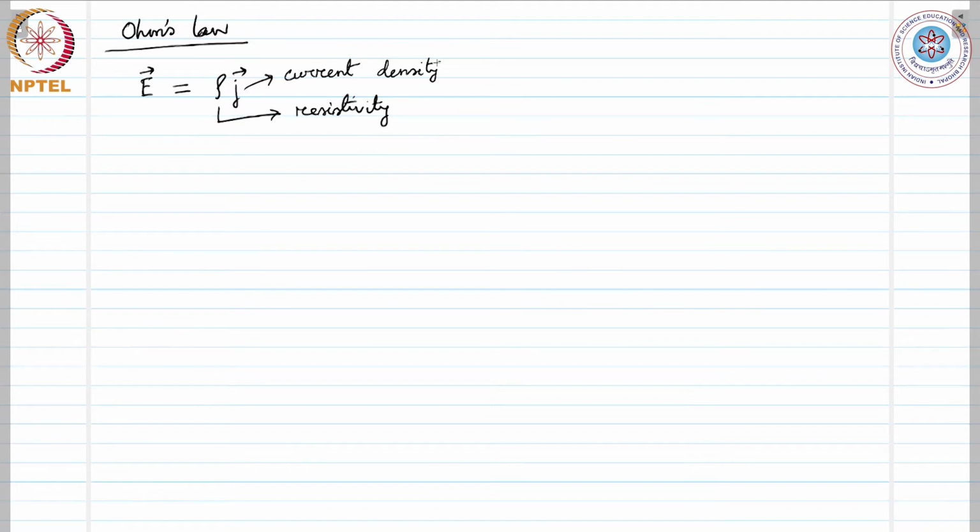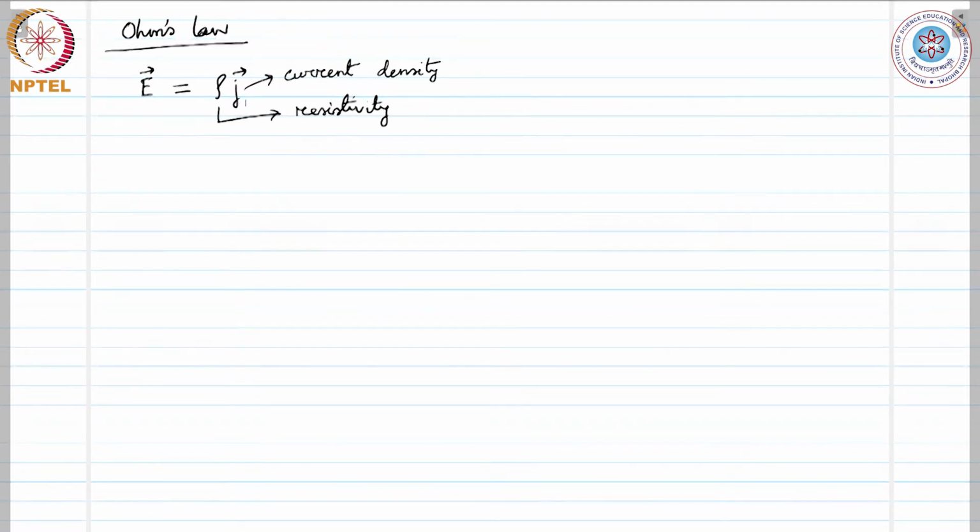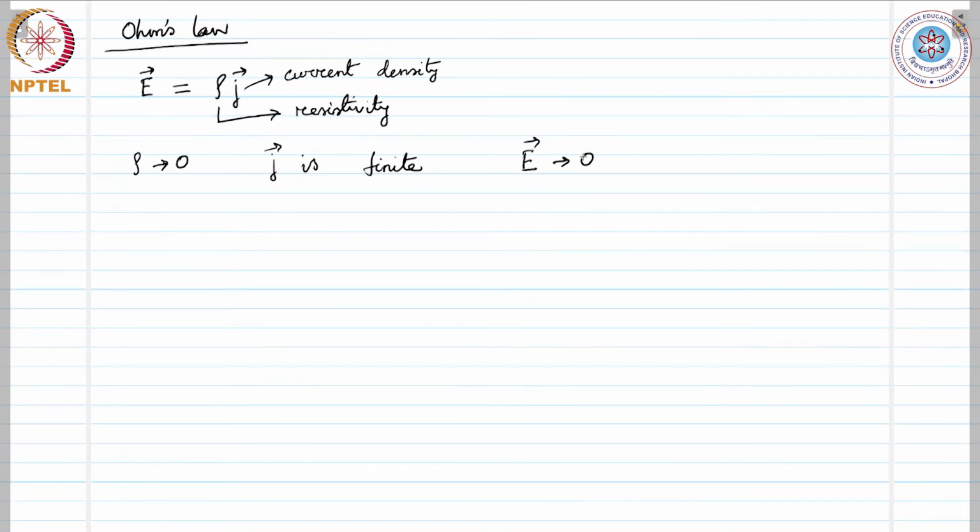We see that if resistivity goes to 0 while the current density J is held finite, then E must be 0. So, if rho goes to 0 and J is finite, we must have E going to 0.